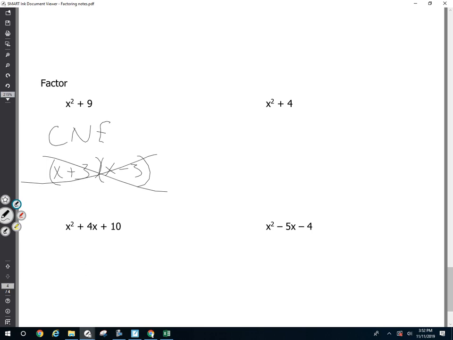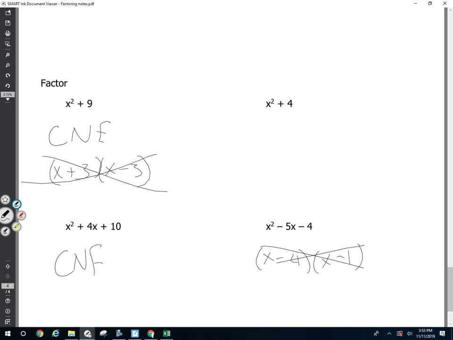X squared plus 4x plus 10, cannot factor. You might be thinking x minus 4, x minus 1. Nope, that would give you positive 4. Cannot factor. That's okay, but it's good to show some of these are not able to be done, okay?